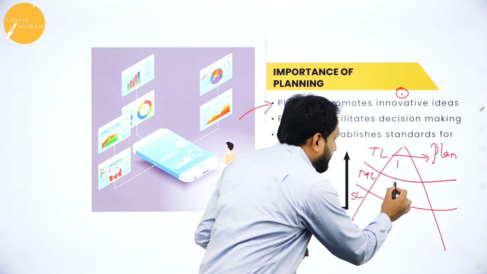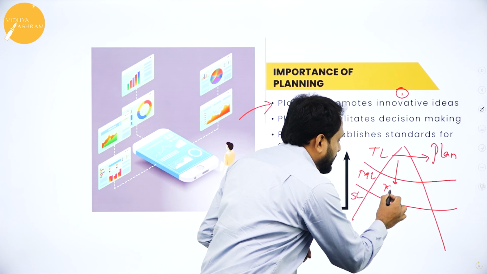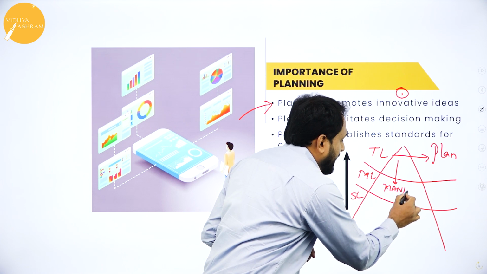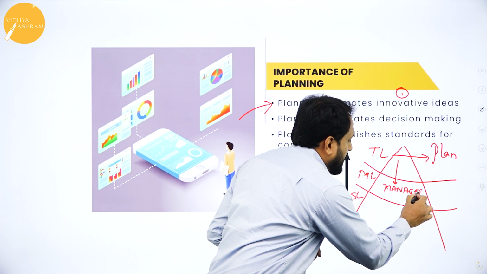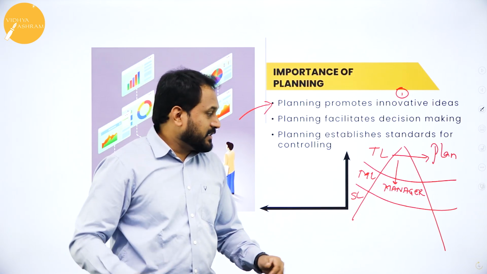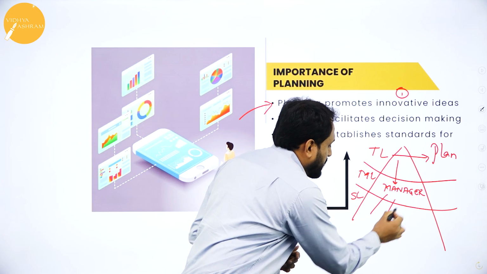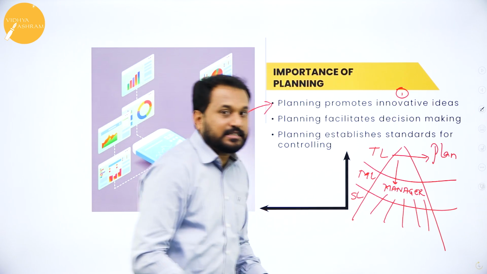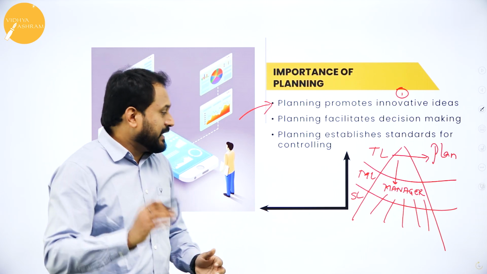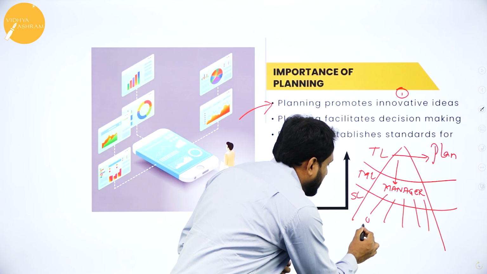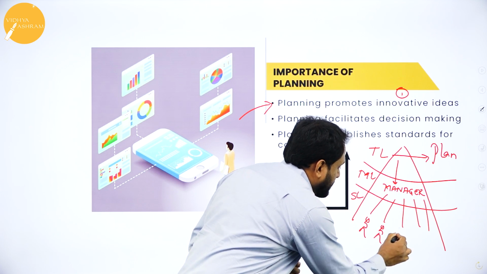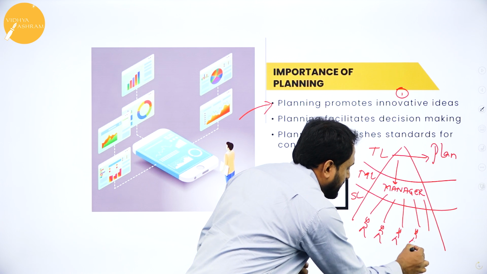Then the top level will tell this to the manager. Now this manager will give the work to all the supervisors. He will divide the work. Now understand, when he divides, there are many supervisors. Let's go with these people.